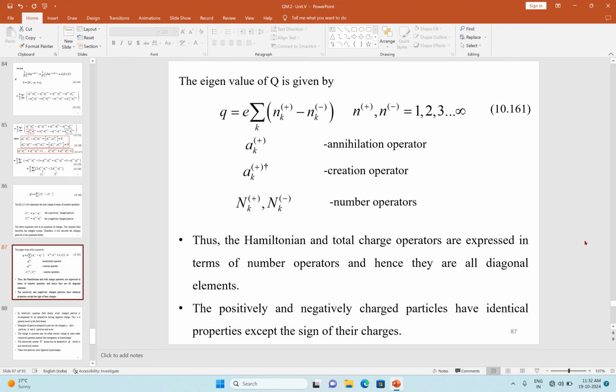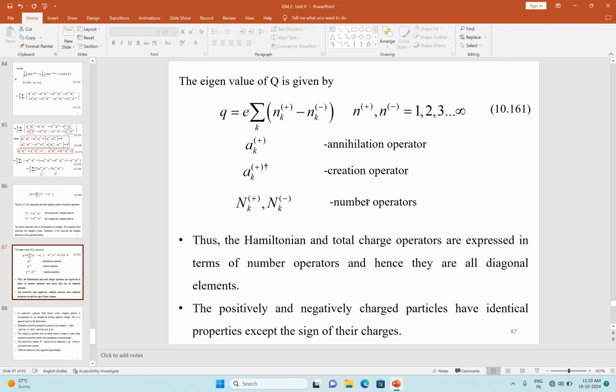Thus the Hamiltonian and total charge operators are expressed in terms of number operators. The Hamiltonian, already we have quantized to find the quantized energy of the photon. We have used the Hamiltonian equation. Can you remember? In real and scalar fields, they are expressed in terms of number operators.